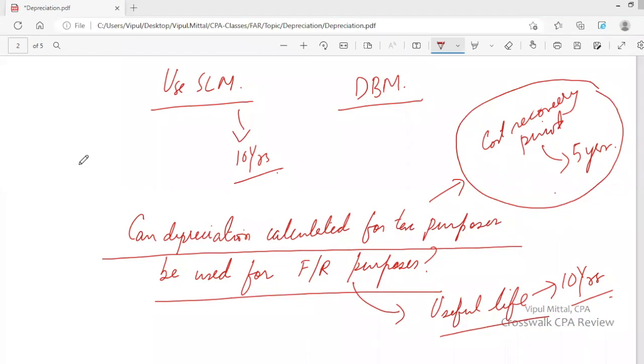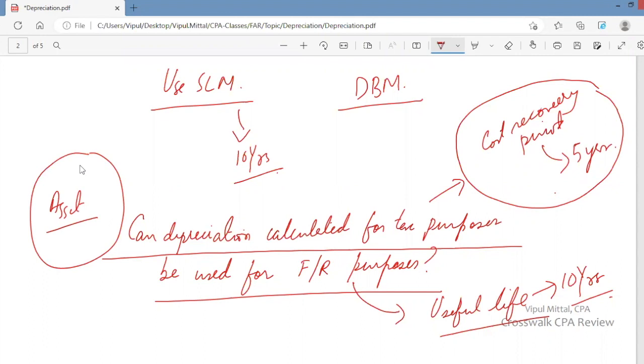For example, you purchase an asset and the cost recovery period specified for this asset under tax laws is 5 years. But for financial reporting purposes, its useful life is 10 years. Now, can you use tax depreciation for financial reporting purposes? The answer is no. Why?